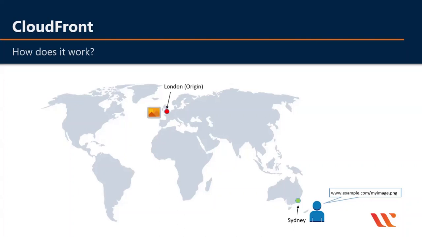When the user types this in their browser, the request goes from Sydney to London, which travels through a series of network paths before finally reaching the origin in London. The response also travels through a series of network paths before finally reaching back to the user. Even if the user does not know where the image is served from, they would definitely notice a delay while getting the image.